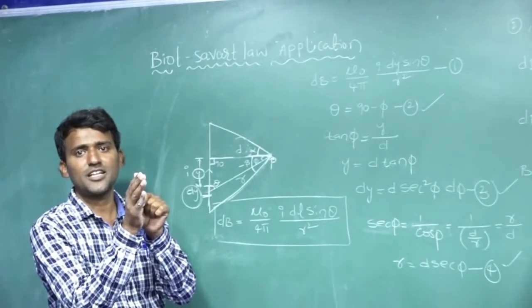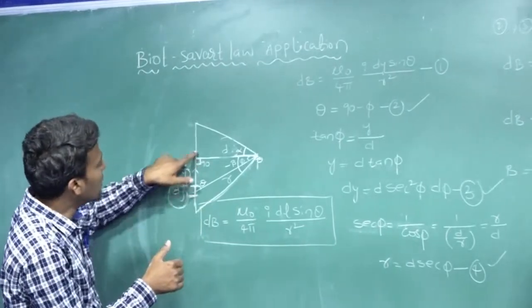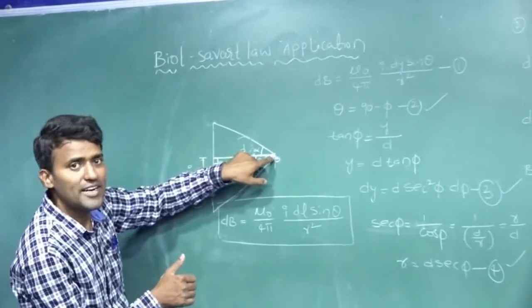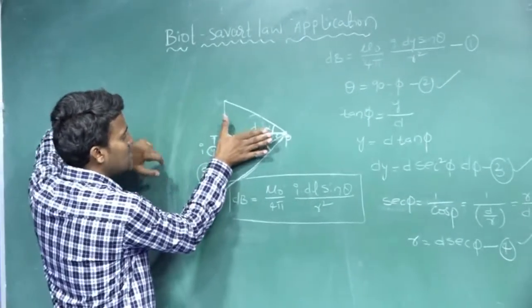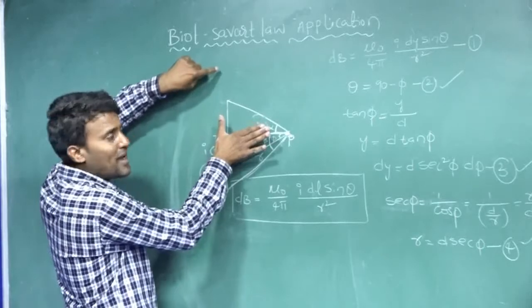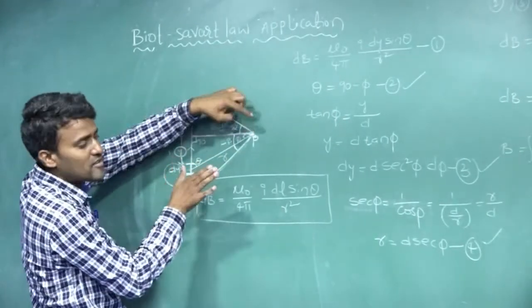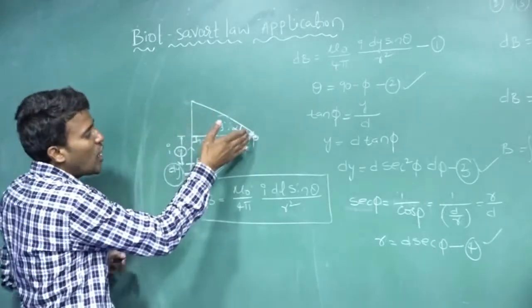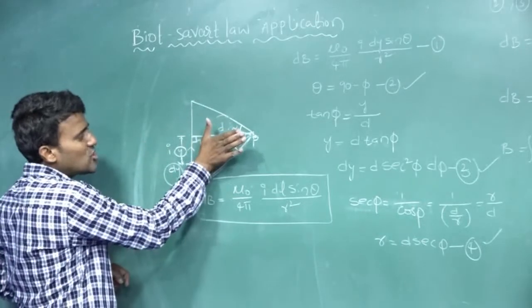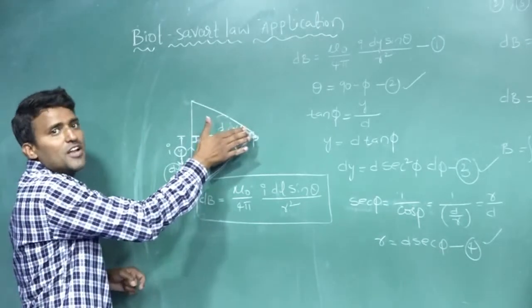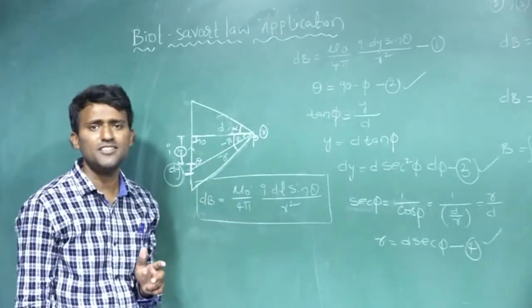Here the current is going in the upward direction, and we are calculating the magnetic field at a point P. We keep our right hand like this, the thumb indicating the current direction, and the tips of the fingers where we calculate the magnetic field. The fingers are going inside, so the magnetic field is inside.